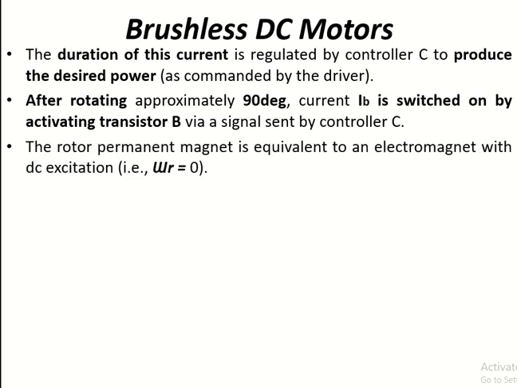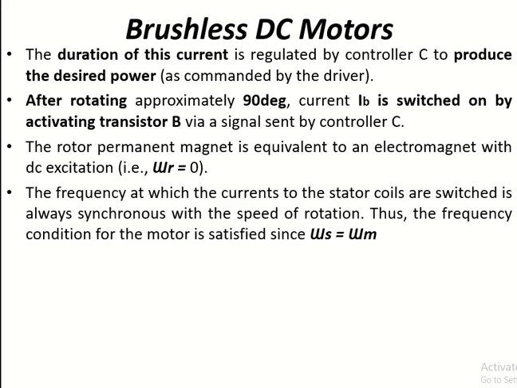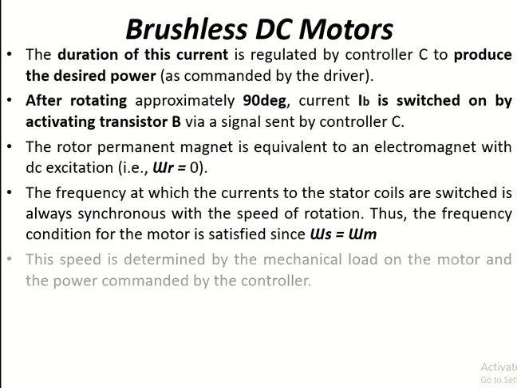The rotor permanent magnet is equivalent to an electromagnet with DC excitation. Omega R is equal to 0. The frequency at which the currents to the stator coils are switched is always synchronous with the speed of rotation. Thus, the frequency condition for the motor is satisfied since omega S is equal to omega M.